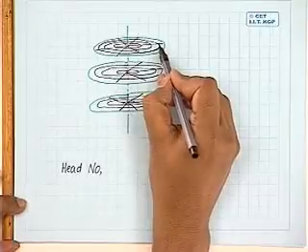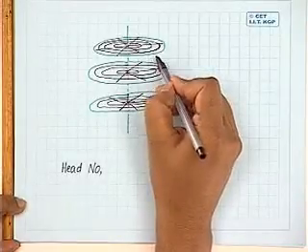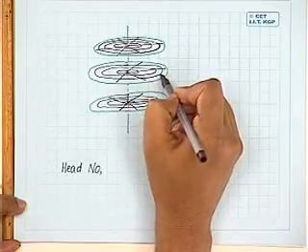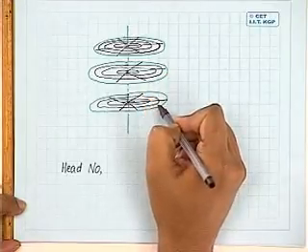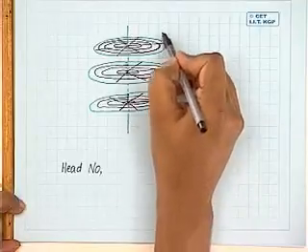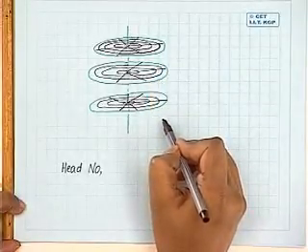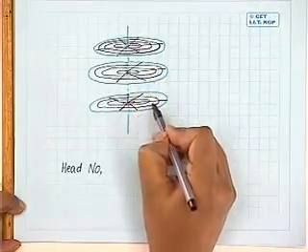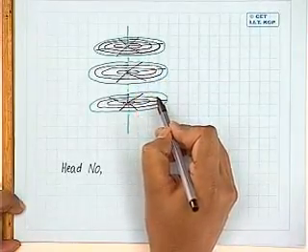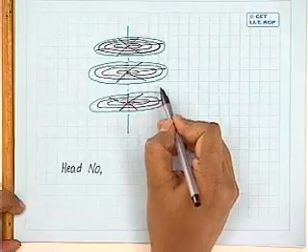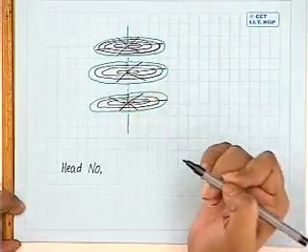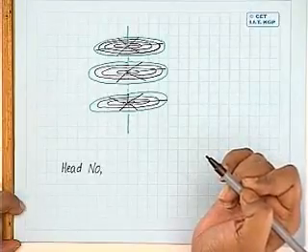So the 0th track of the first disk top surface, the 0th track of the first disk bottom surface, the 0th tracks of the second disk, the 0th tracks of the third disk, all these 0th tracks form a single cylinder. Similarly, all the first tracks also form another single cylinder. So instead of telling the track number, I can also specify this as a cylinder number.